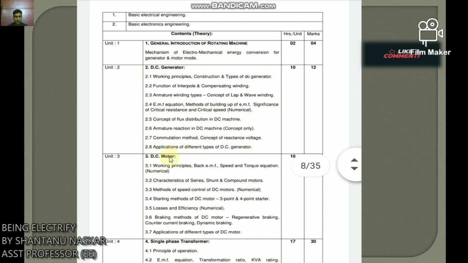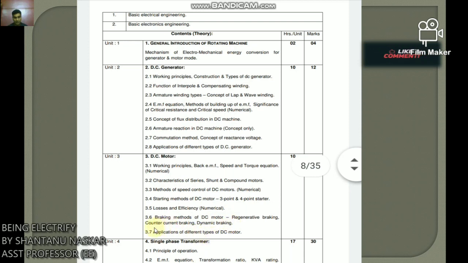Now please come to DC motor. Working principle, back EMF, speed and torque equation, characteristics of series, shunt, compound, method of speed control, starting method, 3-point and 4-point starter, losses, efficiency, and the last, which I will discuss, is the braking method of DC motor: regenerative braking, counter current braking, and dynamic braking.